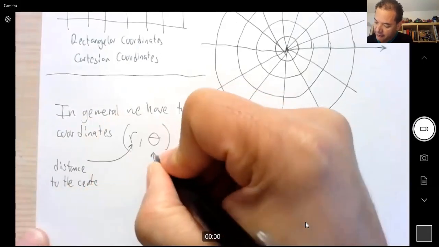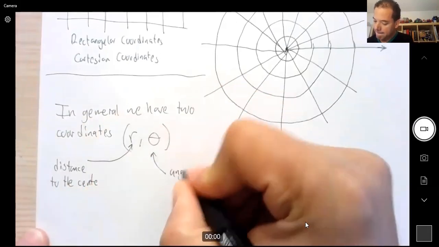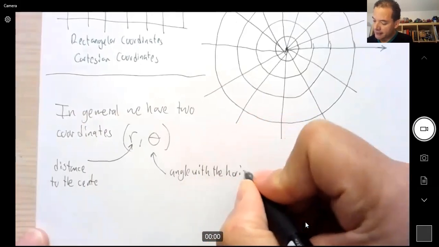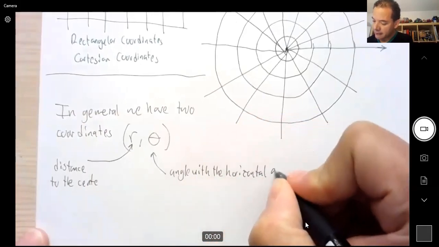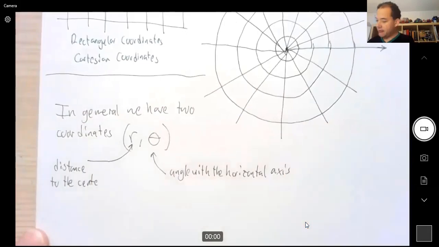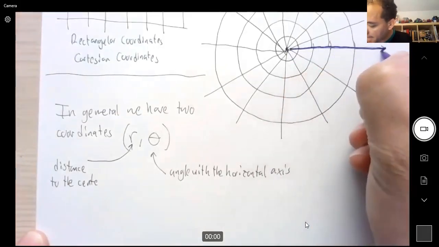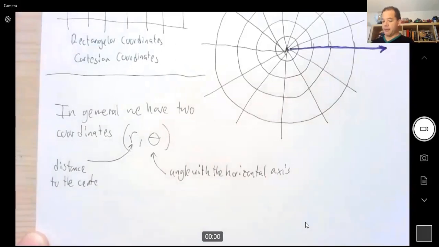And the theta tells you the angle with the horizontal axis. Right? This one that I colored in green, well, you can barely appreciate the color. Let me put it purple over here. That's the one we measure the direction with. All right. So is that clear?